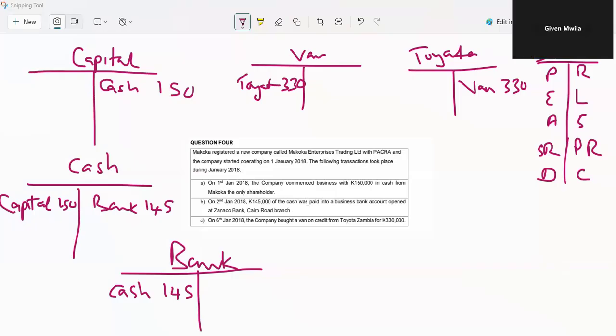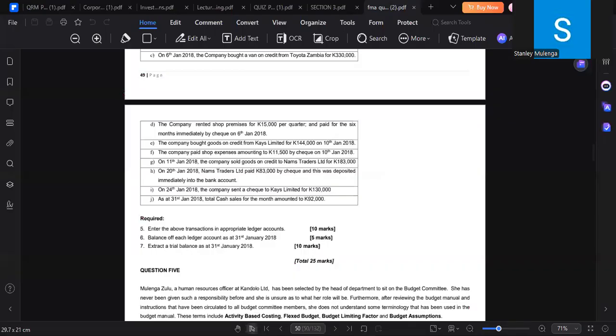Okay. Are you following so far? Yes. Okay. So we go to the other transactions. Can somebody read the next transaction that we're having?